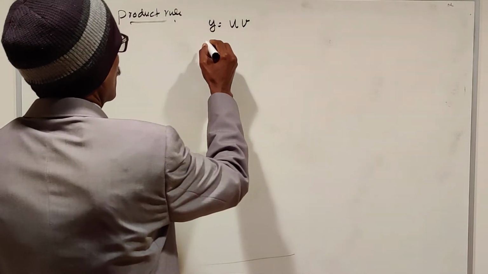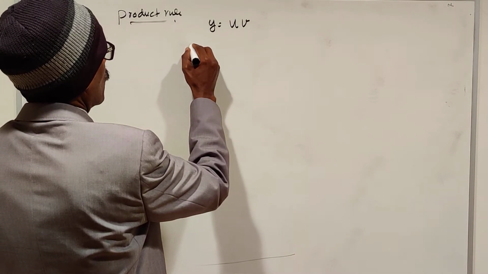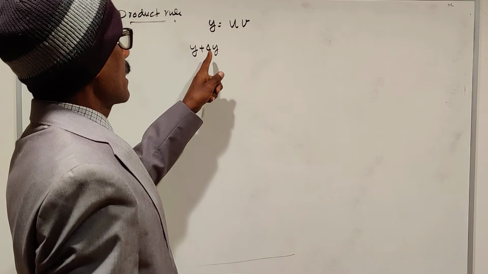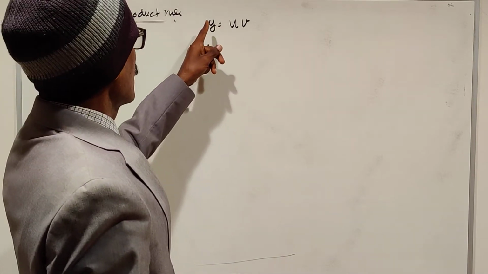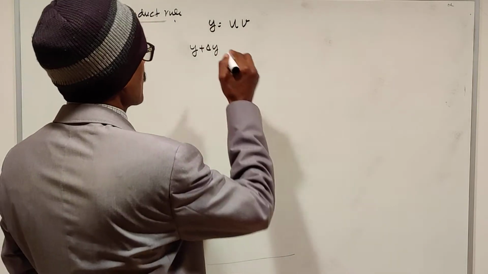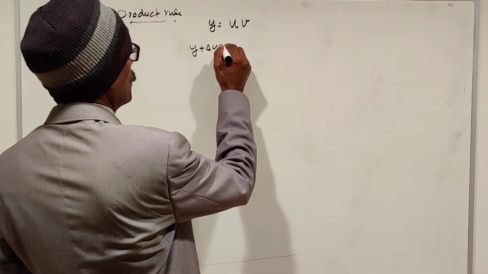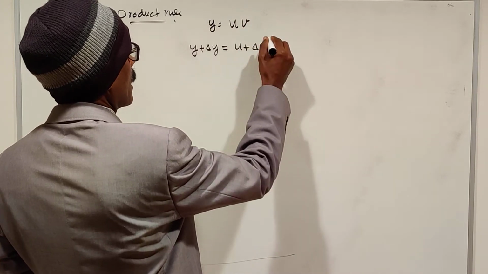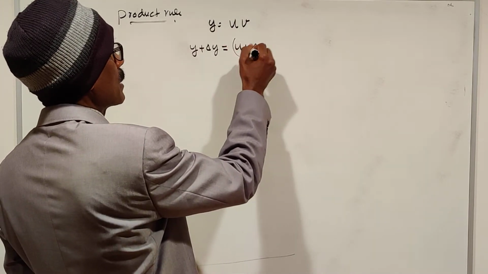Okay, so y plus delta y. Delta y is the increment of y. The corresponding increment on u is u plus delta u, and since there are two terms, I put a bracket here.